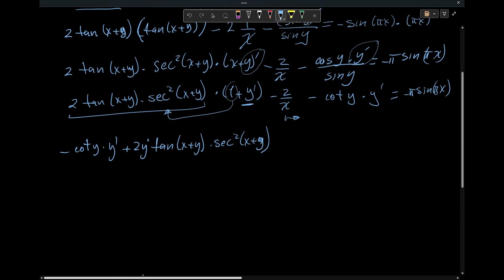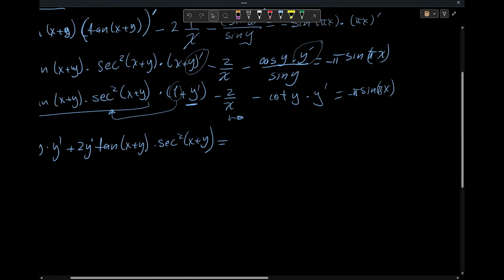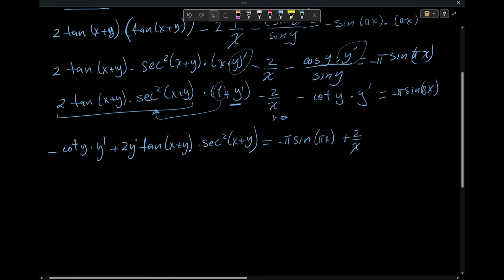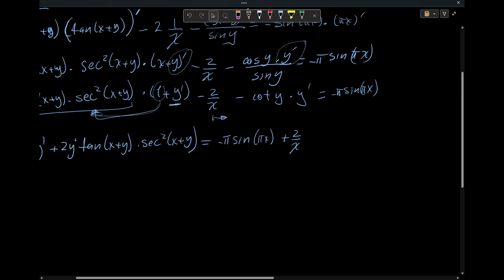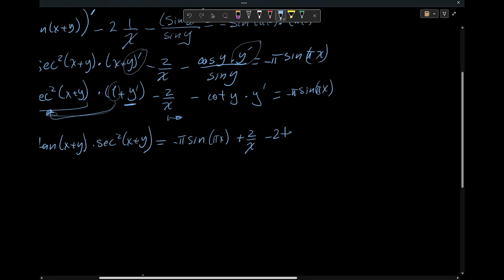That's also going to go to the right side. So I'll take those one by one. Here I have what was already there, minus pi sine pi x. I bring over the negative 2 over x, so it becomes 2 over x. Then I bring the 1 times these. Again, we're going to distribute this eventually, right? And the 1 times that is not going to have a y prime. So plus minus 2 tangent of (x plus y) secant squared of (x plus y).